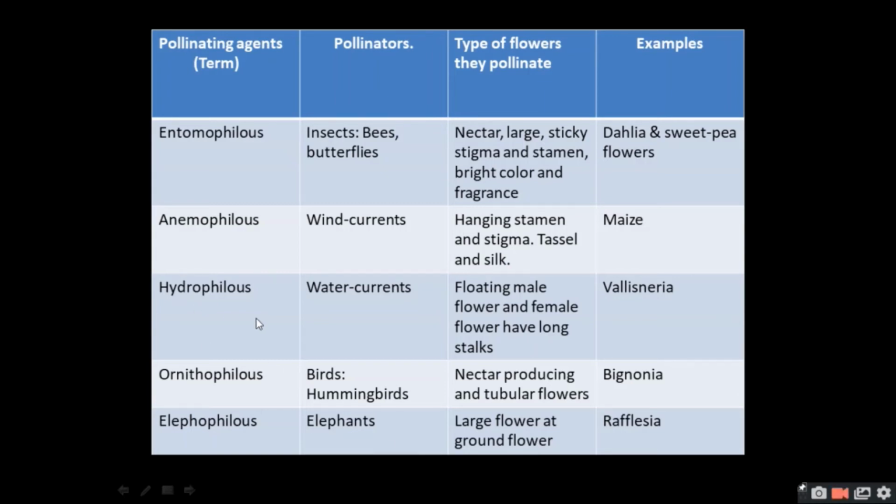Now the next type is Hydrophilous, which uses water currents. How do water currents help in pollination?